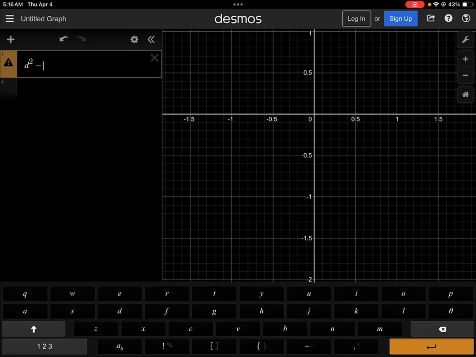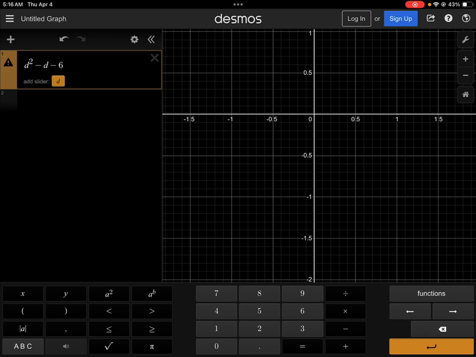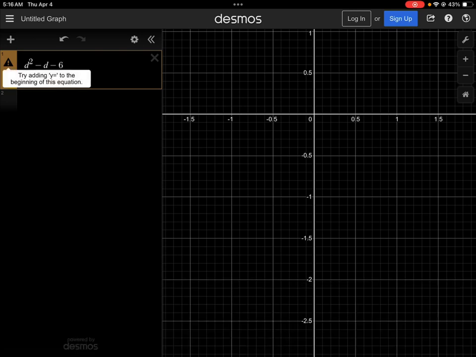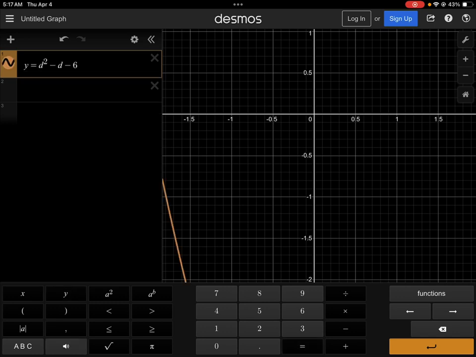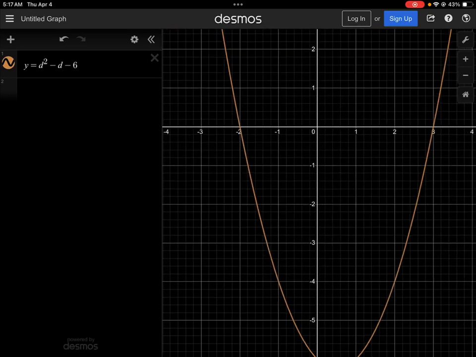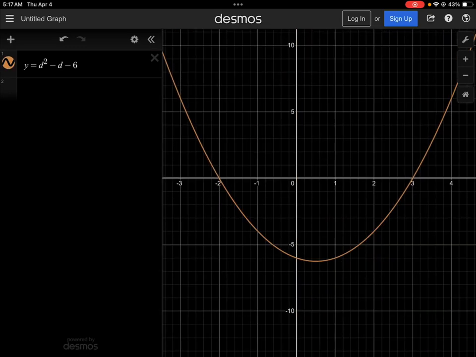If I do it like that, I will also see that it's not going to graph it. It's because there is no y equals. If I forget, tap the triangle and it's going to tell you what to do. But in general, that would be the reason why it doesn't graph it. You have to put the right format, so everybody can read it, including the graphing calculator.